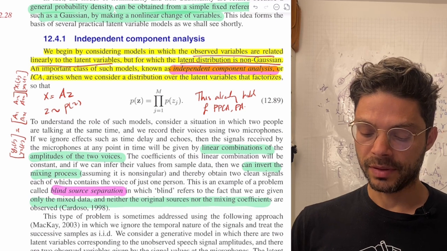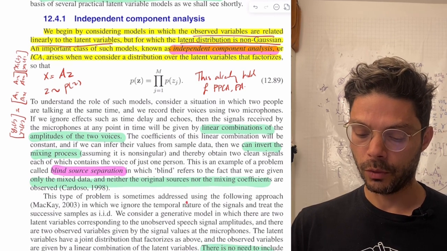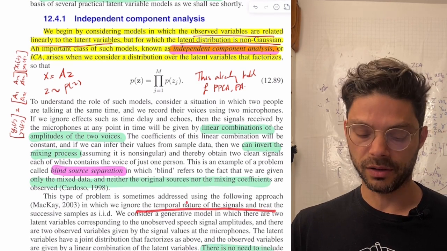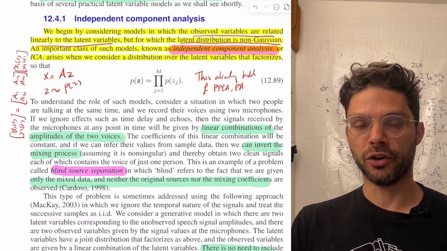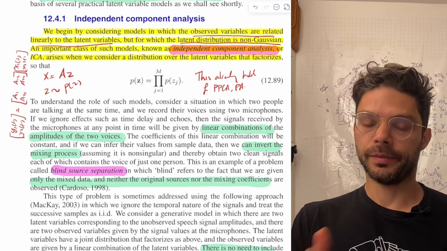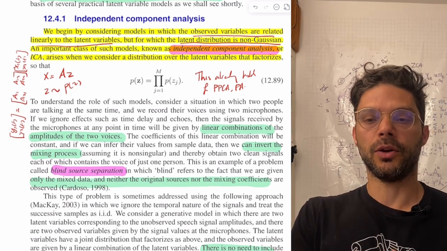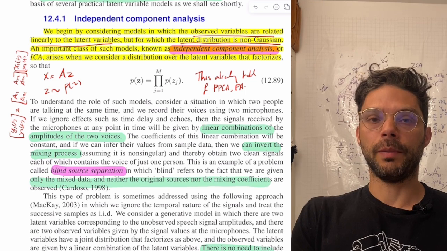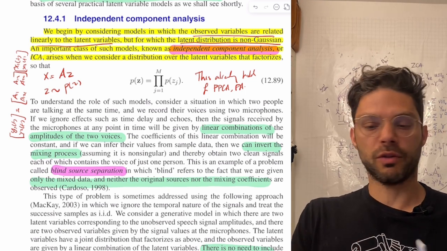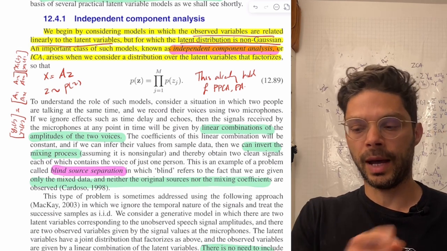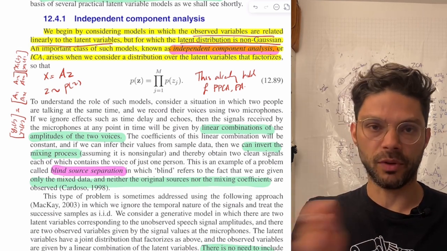Now, this type of problem is sometimes addressed using the following approach, in which we ignore the temporal structure of the signals and treat the successive samples as IID. As far as you're concerned, when you take this approach, the ordering of your sample doesn't matter. You can imagine taking your audio signal and shuffling around the time bins, or the samples, in time.